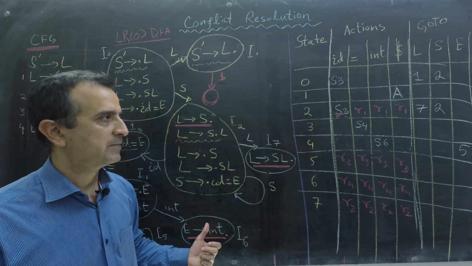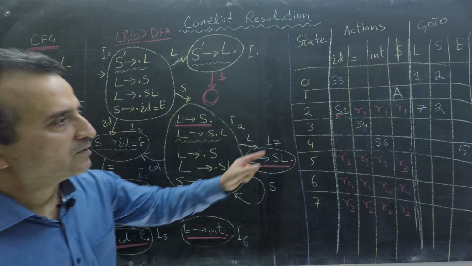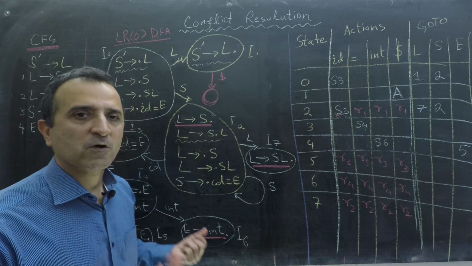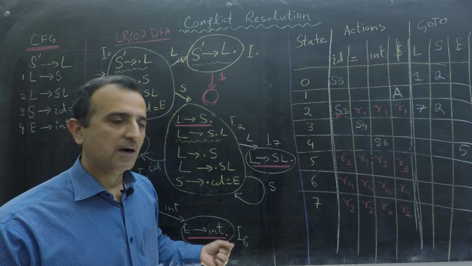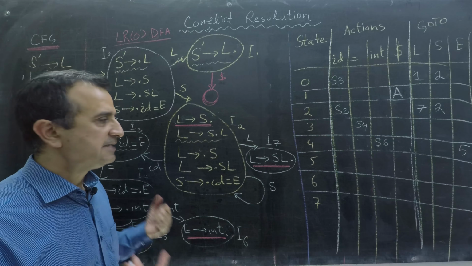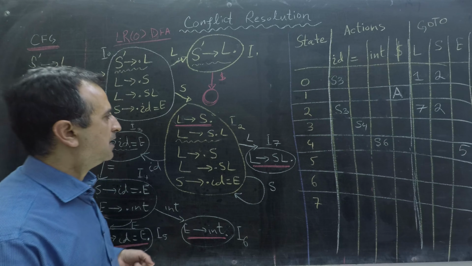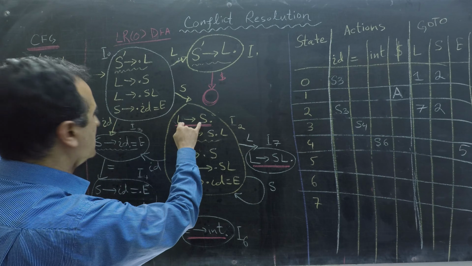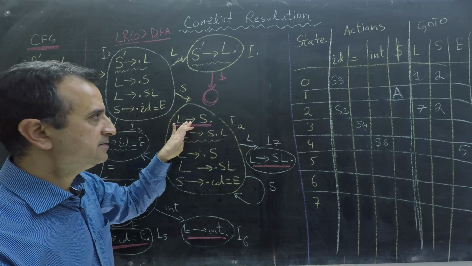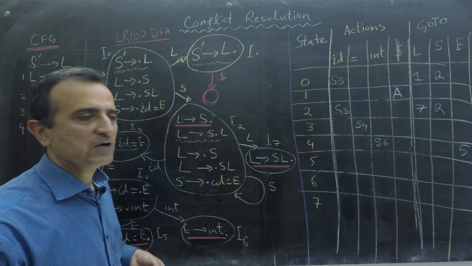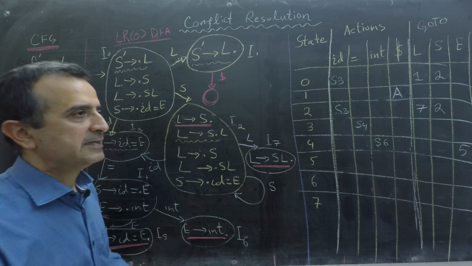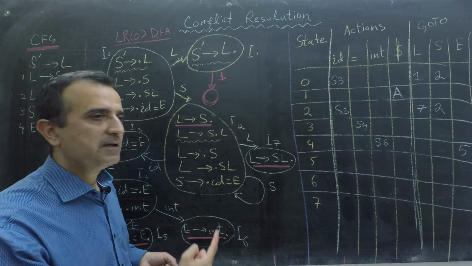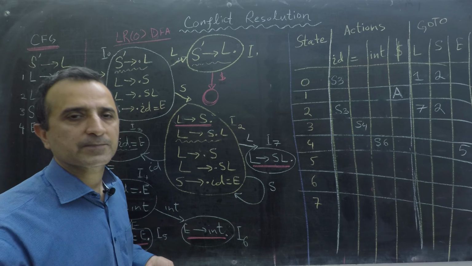However, it has a conflict which cannot be resolved for the LR0 parser because this grammar is not an LR0 grammar. So now I will remove all of those reduce actions and then we will repeat this process for the SLR parser. For the SLR parser, I have to add L goes to S, which is R1, only in the cells of follow of L. So I have to first compute follow of L and then add R1 on the tokens which are in the follow set.